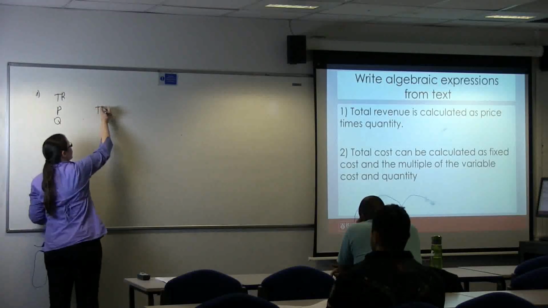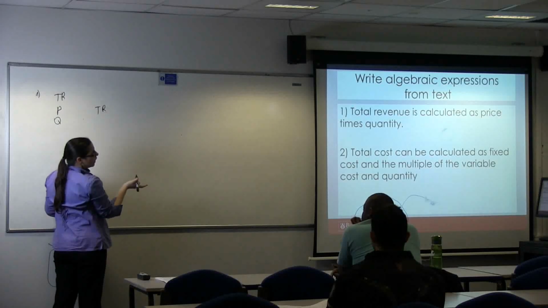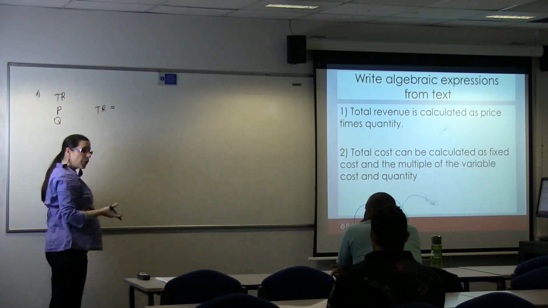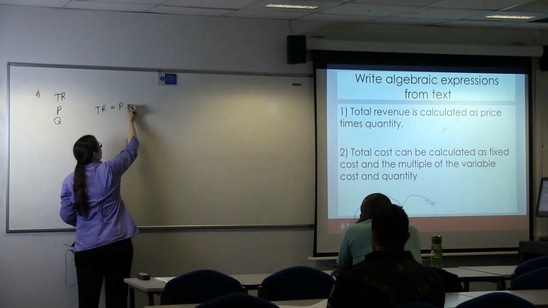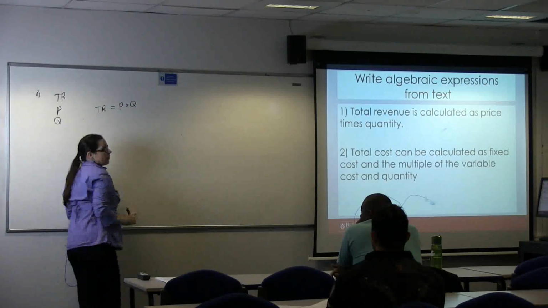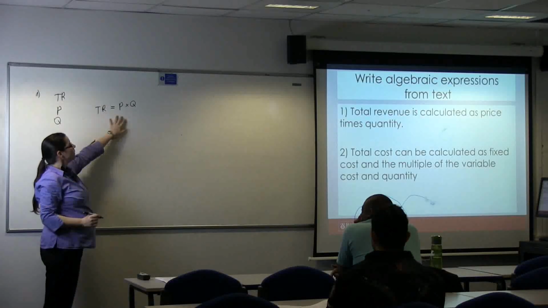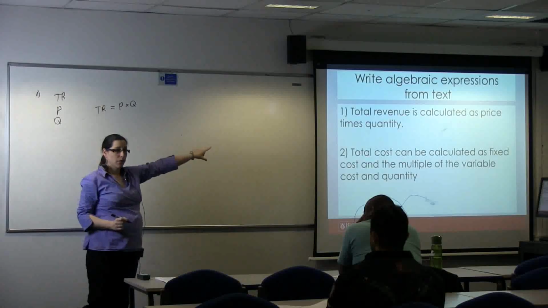Well, total revenue is calculated as, that's basically another way of saying in mathematics that it has to be equal to price times quantity, that is just price multiplied by the quantity. So if you see a formula like this, that's basically absolutely the equivalent of the sentence above.